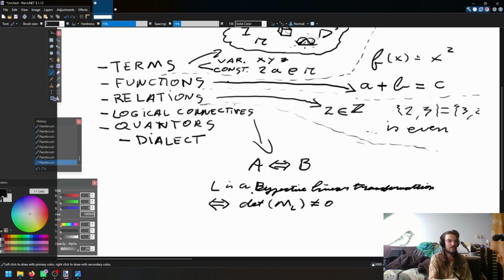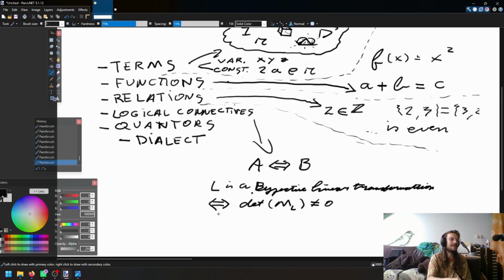And this bottom statement says something extremely computable. This is just an algorithm. You can find what the determinant of this thing is. So this if and only if statement bridges the gap between something general, theoretical, and something computable, practical.